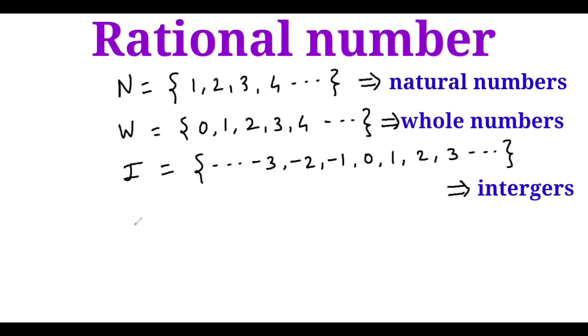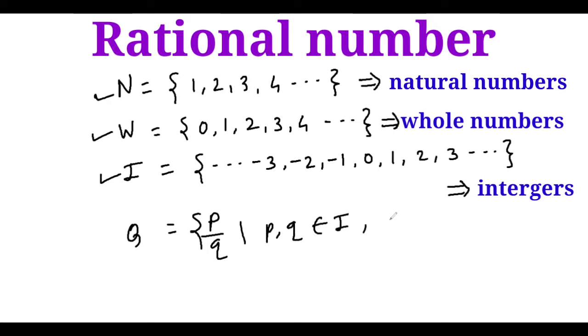And the next concept is the rational number. Already we learned it in 8th standard, in 7th standard also. What is meant by a rational number? It is the set of all elements of the form P upon Q such that P and Q are elements of I and Q is not equal to 0.